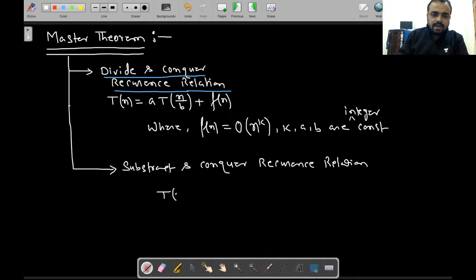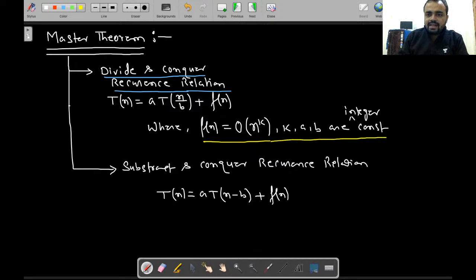This is given by T of n is equal to a T of n minus b plus f of n, and similarly f of n is equal to n to the power k. Whatever I have written about f of n, a and b, the same thing applies over here. So this is the subtract and conquer recurrence relation.